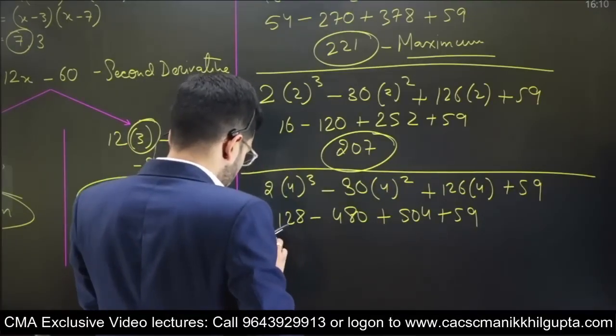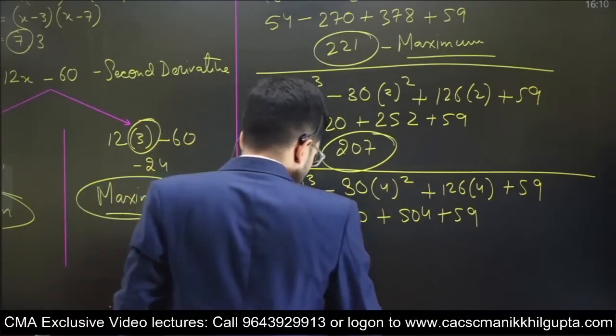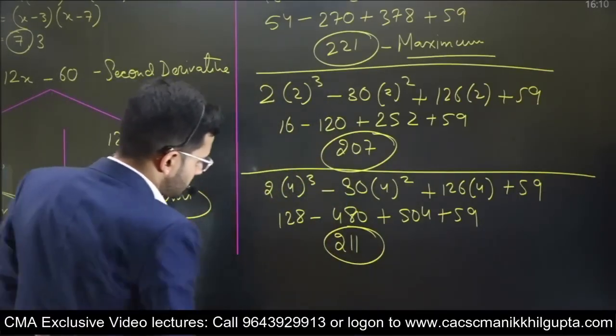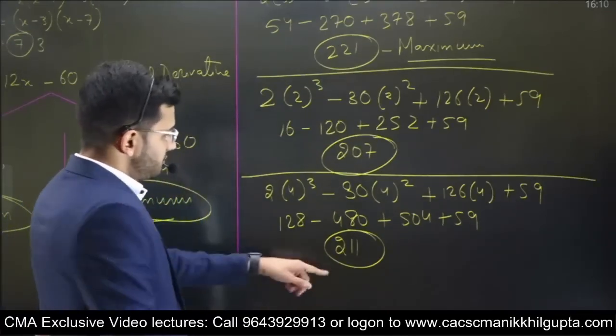This is 211. So when I put x is equal to 4, it gives me a figure of 211.